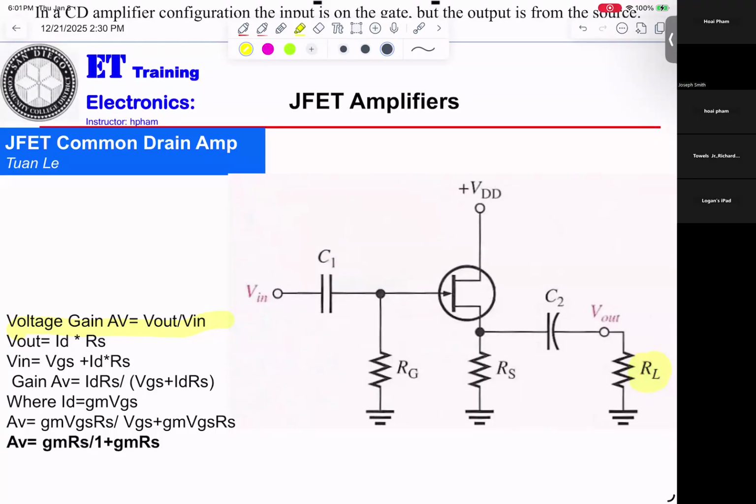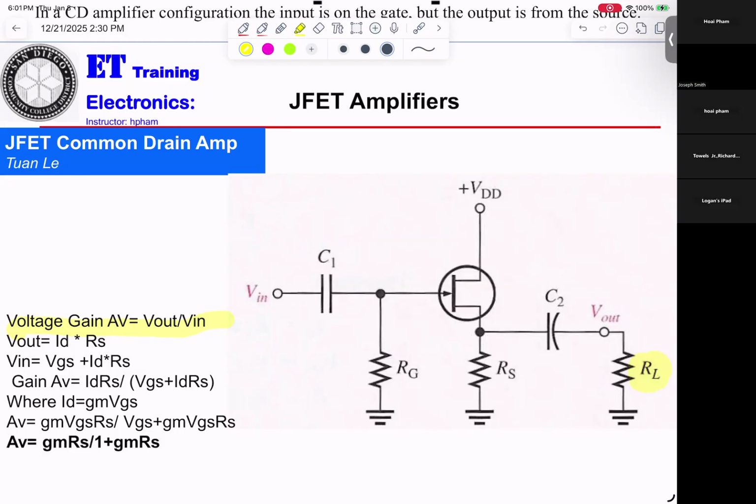V out equals ID times RS. The gain is ID times RS divided by VGS plus ID times RS.